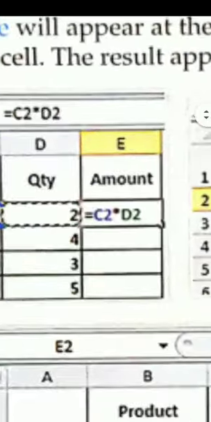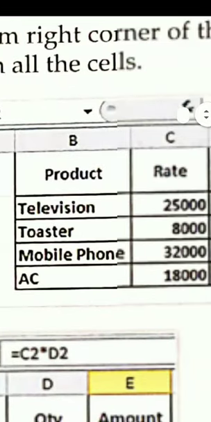For copying this formula, come here. This is the multiplication. After multiplication we were getting 50,000. When you put your cursor here, there will be one option, the autofill handle. What will happen with the autofill handle? You will drag it.